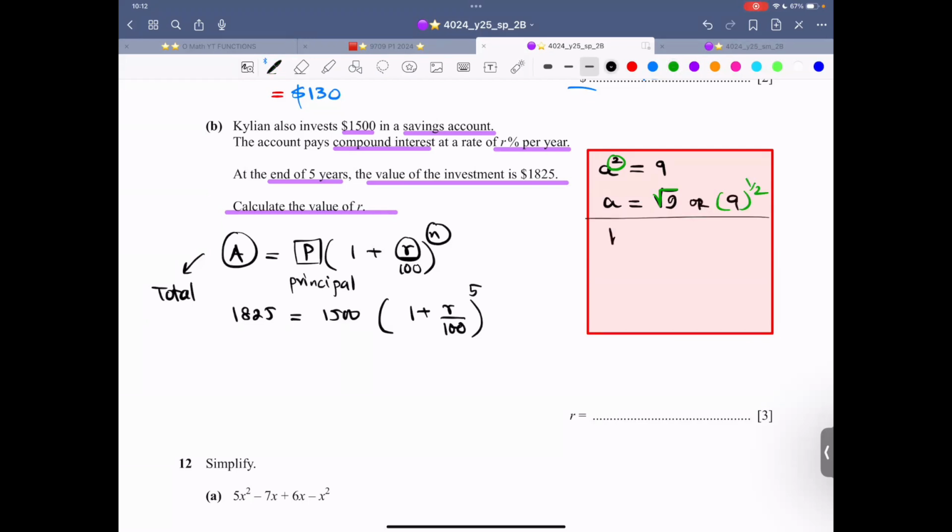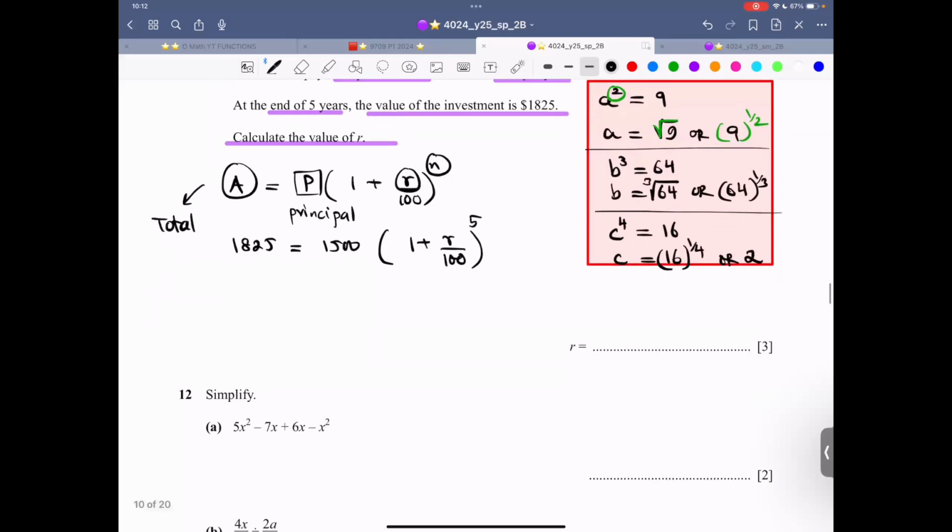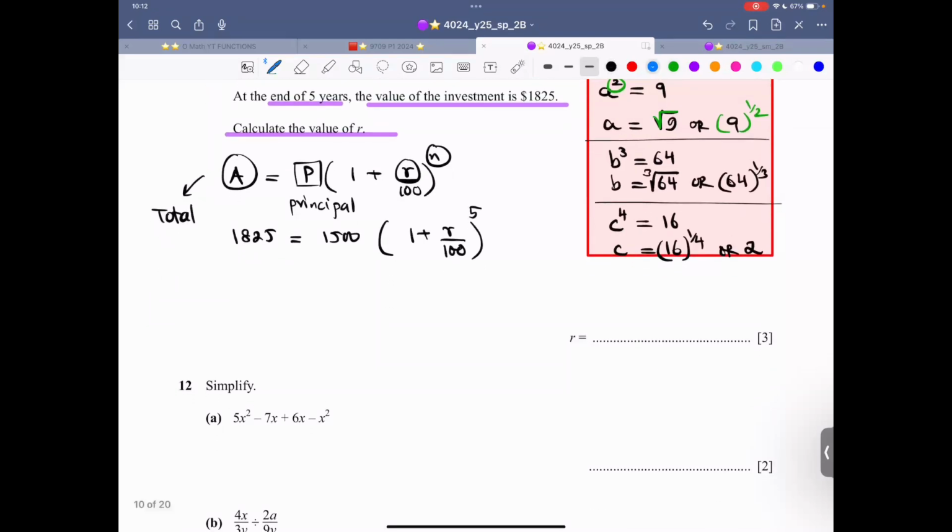Let me write something else. B cube is 64. Therefore, B is 64 cube root, which is the same thing as 64 raised to power of 1/3. If I say C raised to power of 4 is 16, therefore C is 16 raised to power of 1/4, which will come out to be 2. Correct? The same knowledge will be used over here.